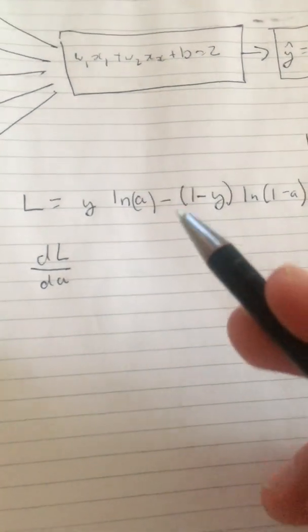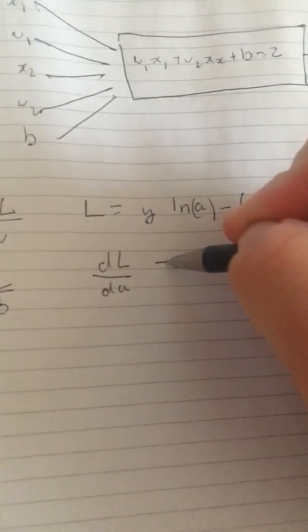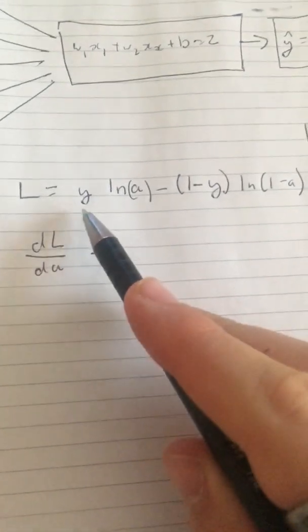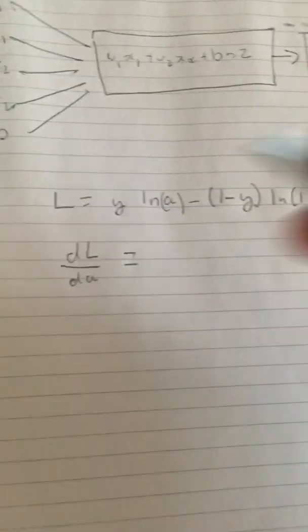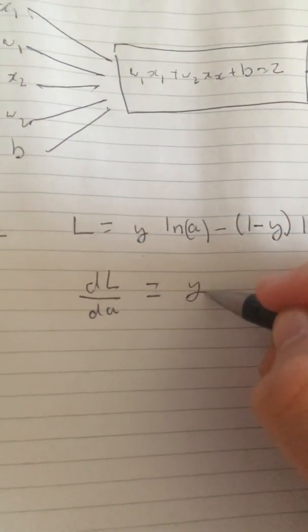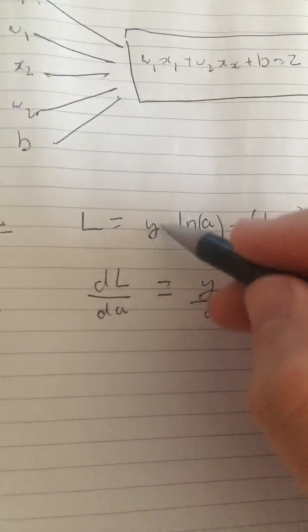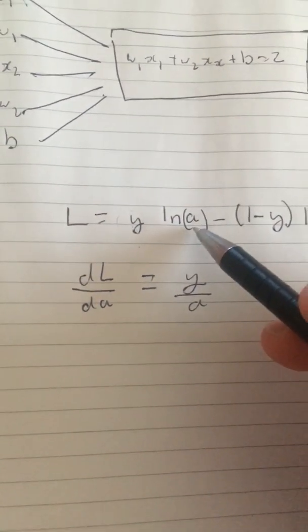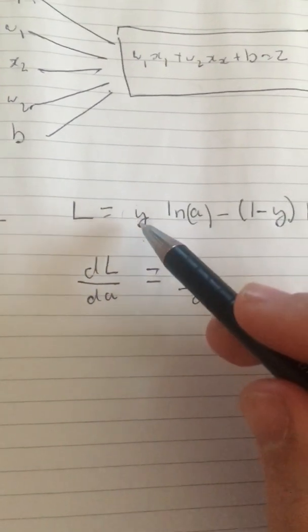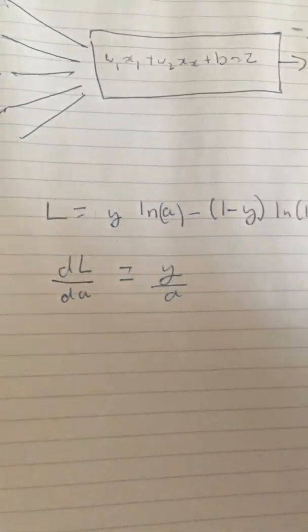Now to do this, we ignore the y's because we're only differentiating with respect to a. So then this will be y over a. And we're treating y as like a constant, so a singular value. So ln a differentiates to 1 over a, and then you multiply it by y because we're treating it as a constant.